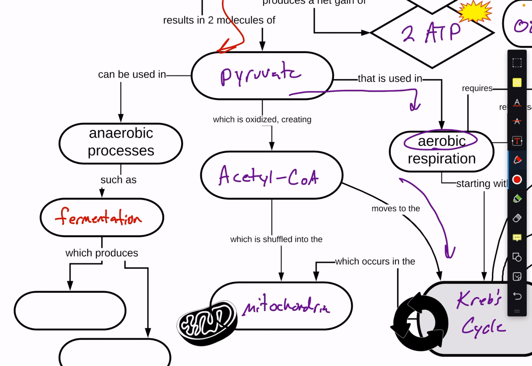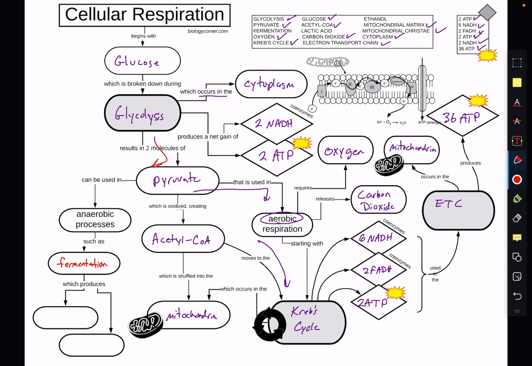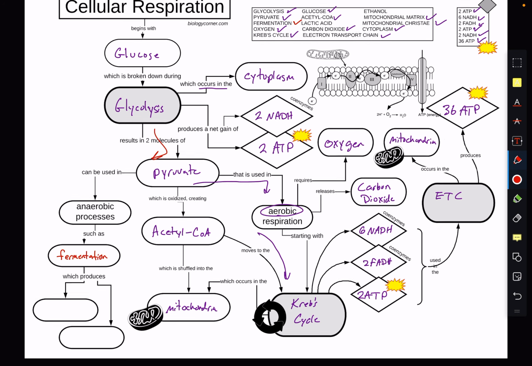Human cells can do this, especially muscle cells, and then other things like bacteria and yeast are very good at fermentation. Fermentation is going to produce other products such as ethanol or perhaps lactic acid.